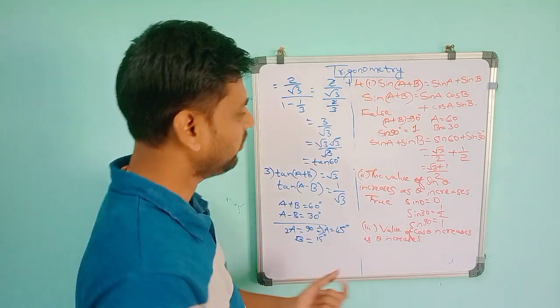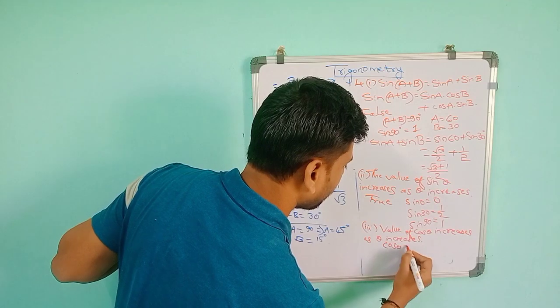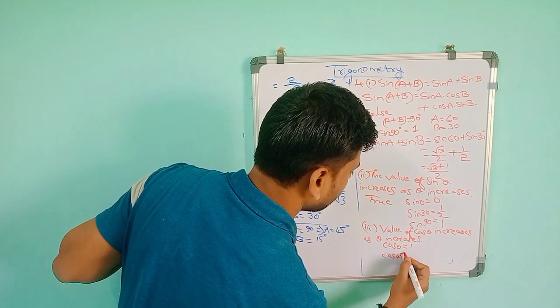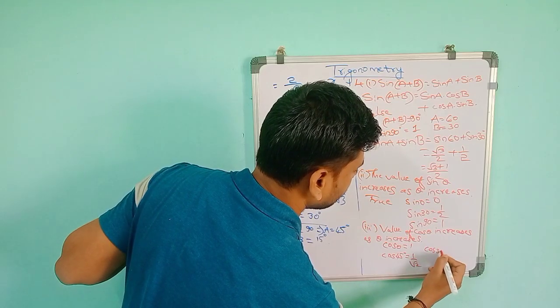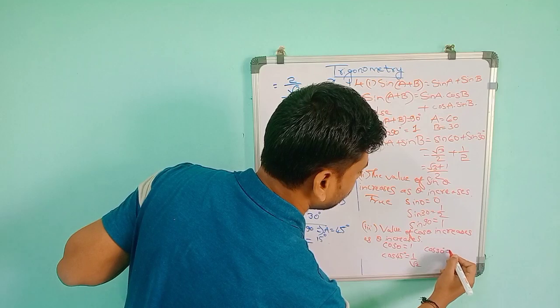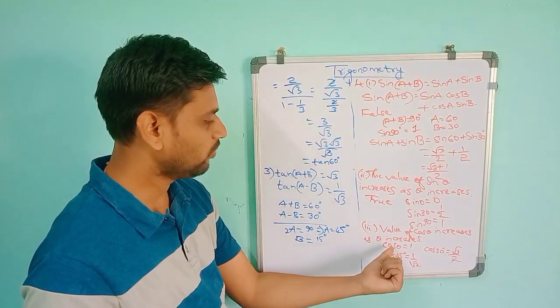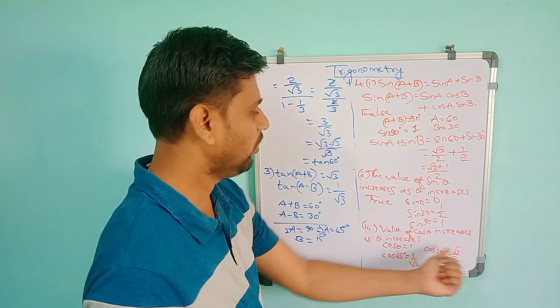This is false. Why? See, if you take theta as 0, cos 0 is 1, cos 30 is root 3 by 2, and cos 45 is 1 by root 2. So when theta is 0 the value is 1; when theta is 30 it is increased, but the value is decreased.